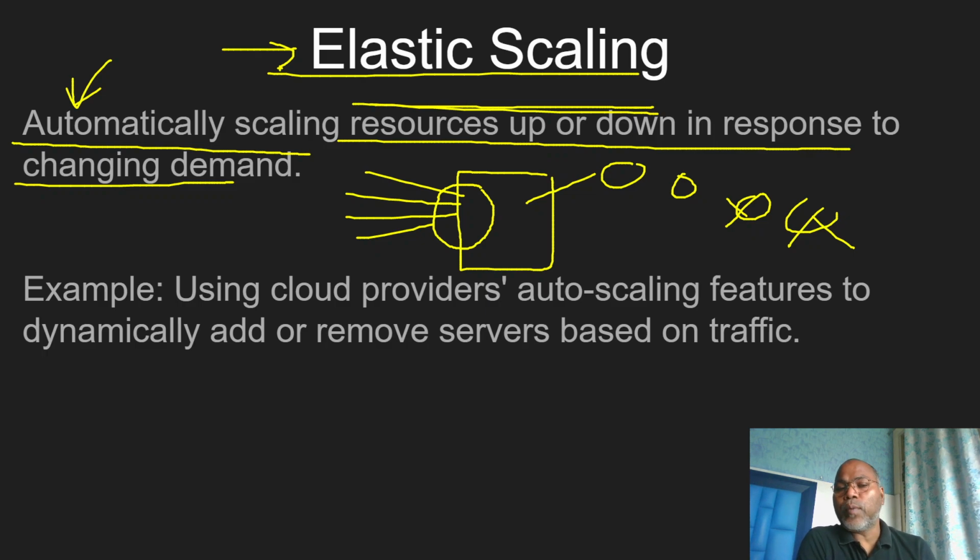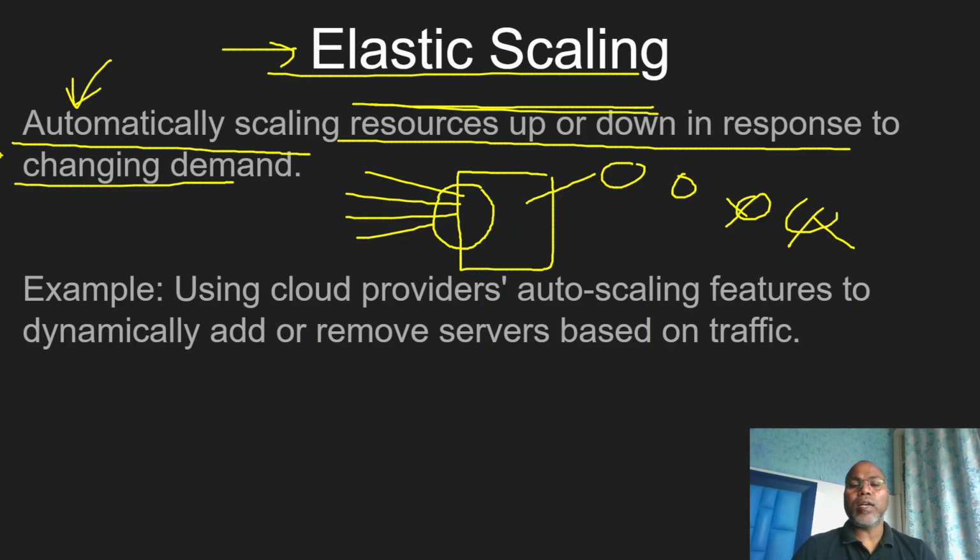If you talk about Amazon or Google, all the big public cloud providers offer this feature. As a human, you just define the threshold. For example, if my system is at 10%, I require this number of servers; at 20% increase, this number of servers; if traffic increases by 80%, you go to this number of servers. You just configure that you want the scaling to be automatic.